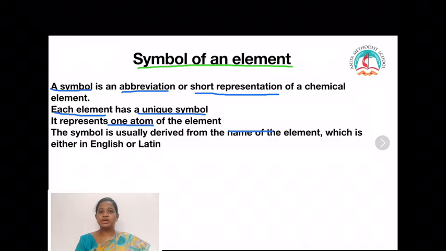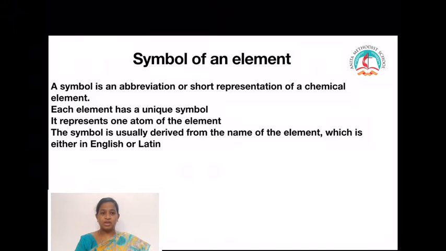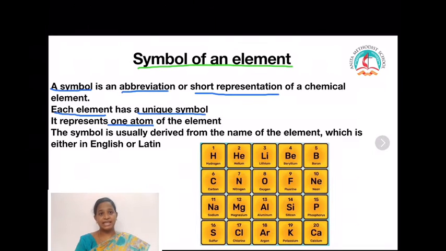This table will help you to know about some symbols of some elements. You can refer to it later.